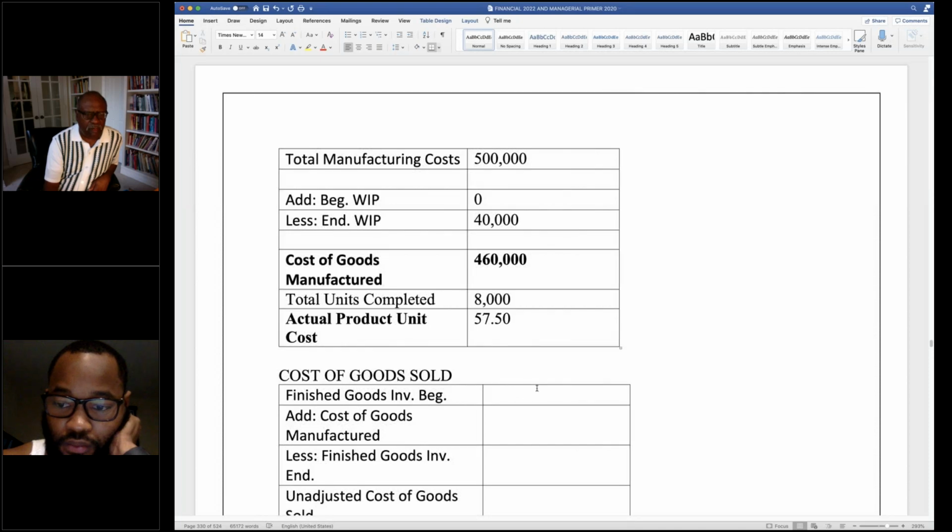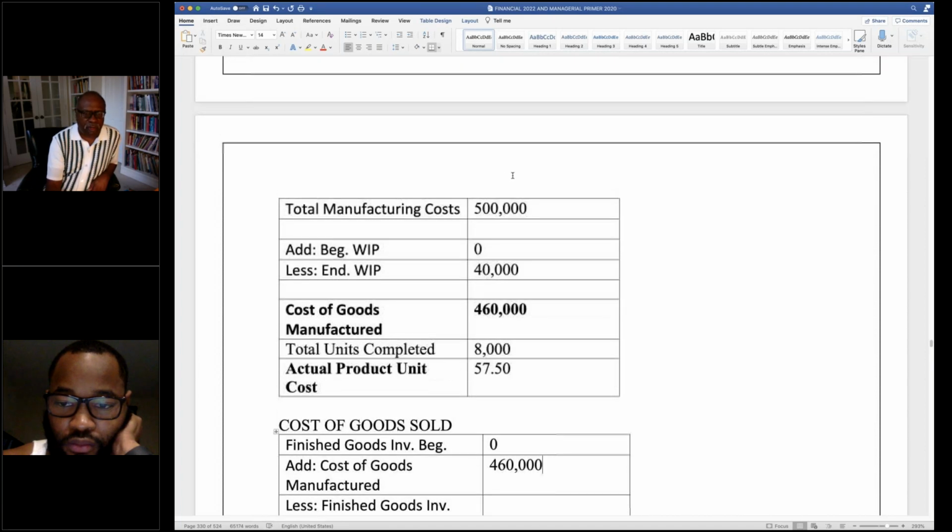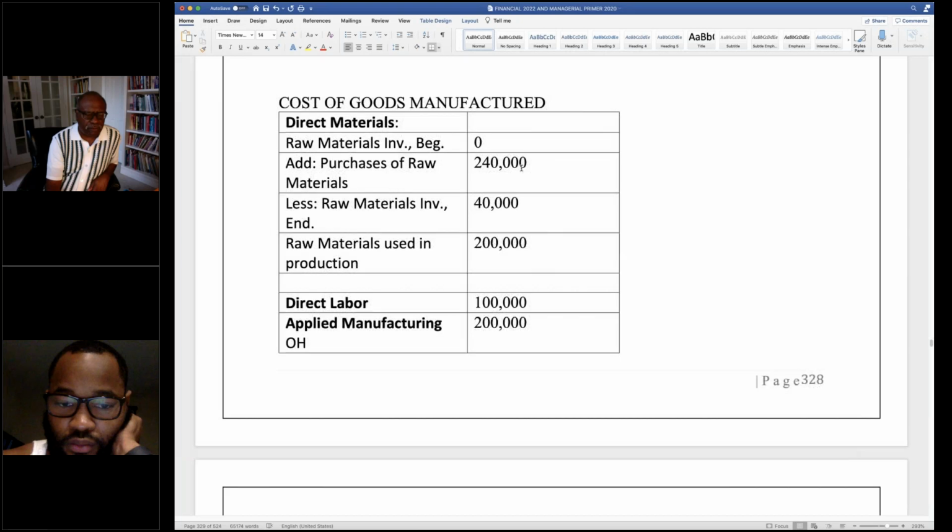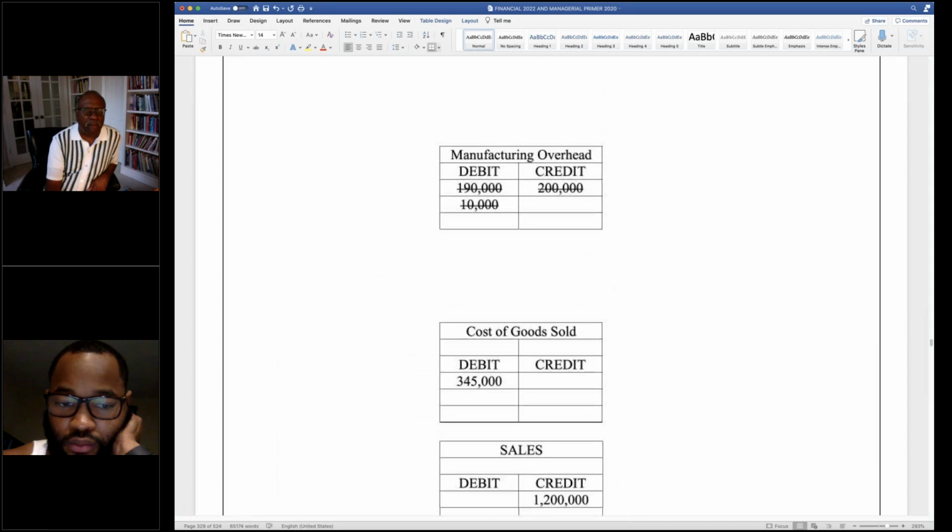Cost of goods sold: there was no beginning finished goods inventory, 0. We simply bring down now the 460. So that's the cost of our goods finished, less the ending inventory.